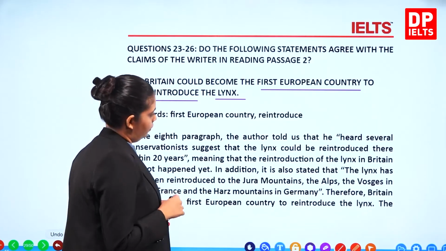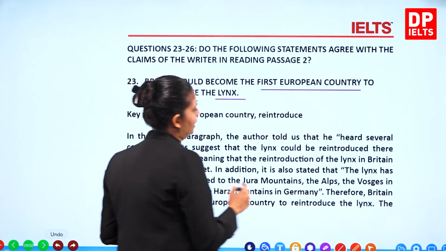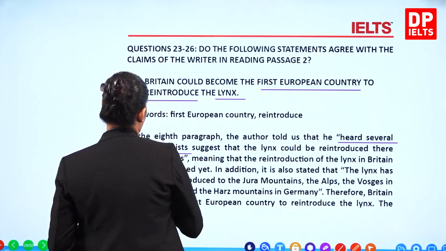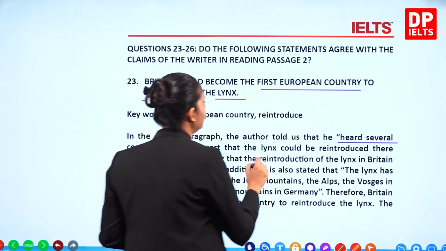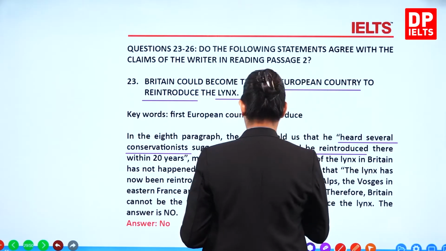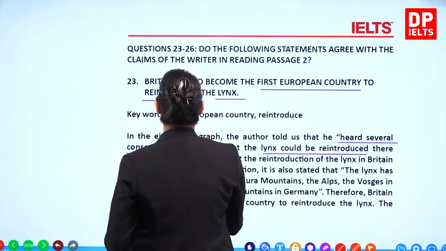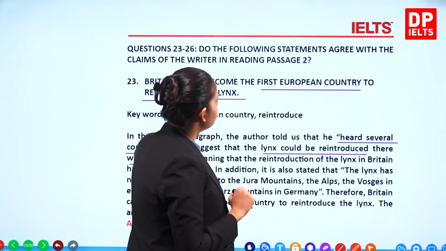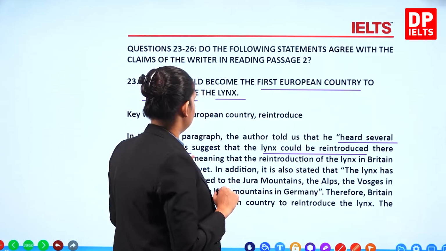In the 8th paragraph, the author told us that he heard several conservationists suggest that the lynx could be reintroduced there within 20 years, right? So Britain could become the first European country to reintroduce the lynx.